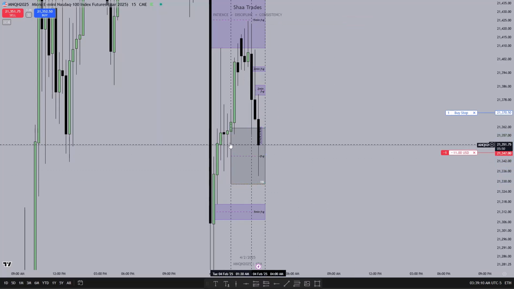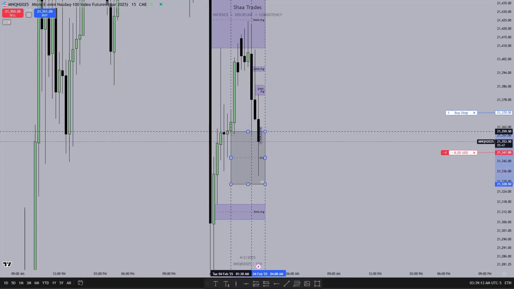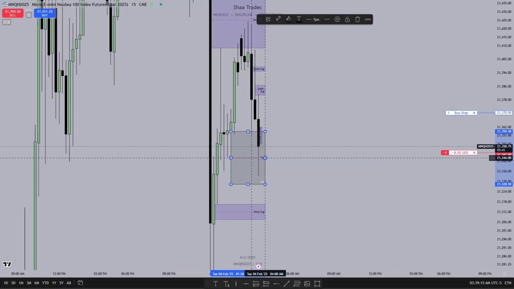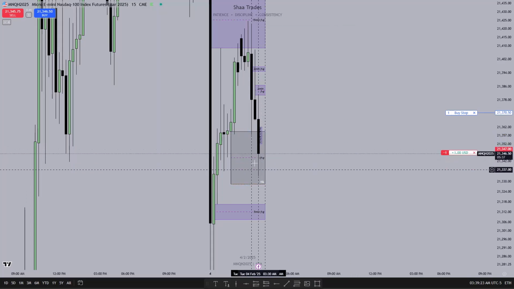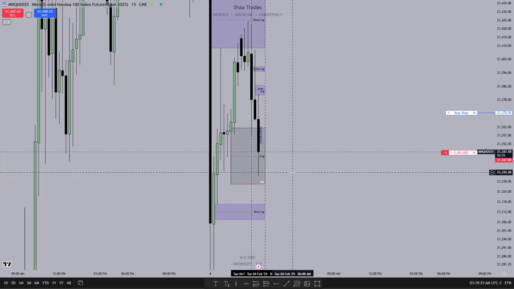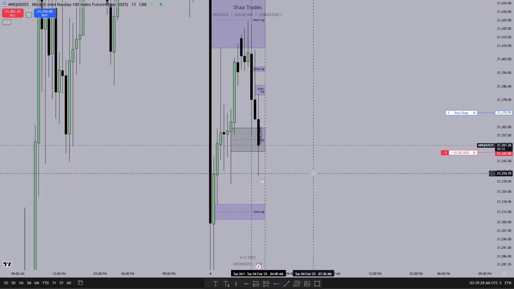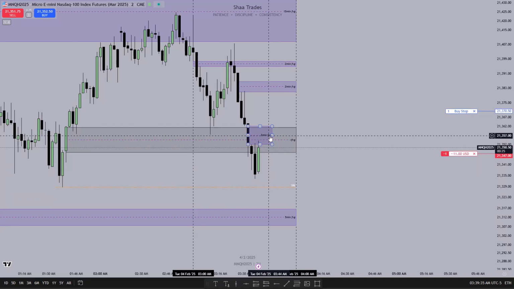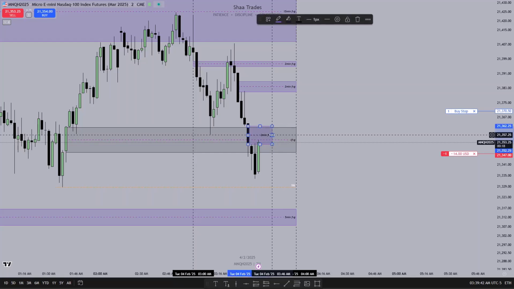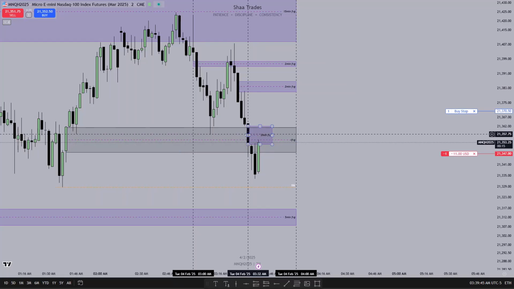As we said earlier, we treat wicks as gaps. So price is just reacting off of this wick here. But I do want to see price stay heavy. So let's put that back. This is what we're talking about here. We want to see if it wants to go there. We want to see it stay below the consequent encroachment of this 2-minute fair value gap there.